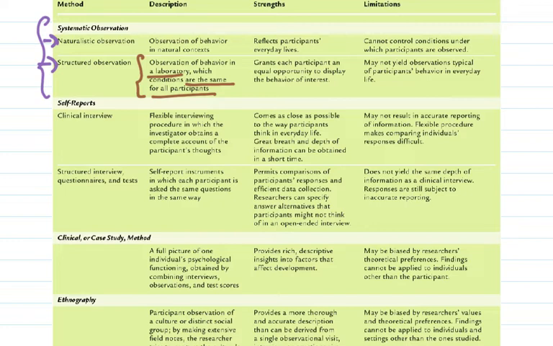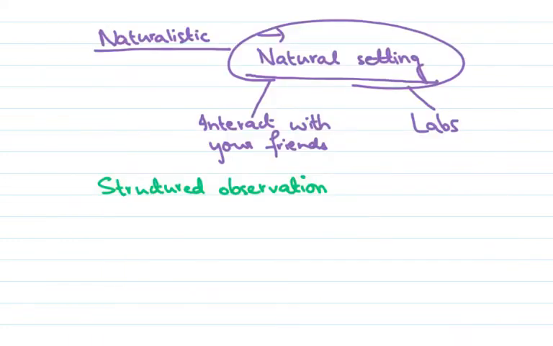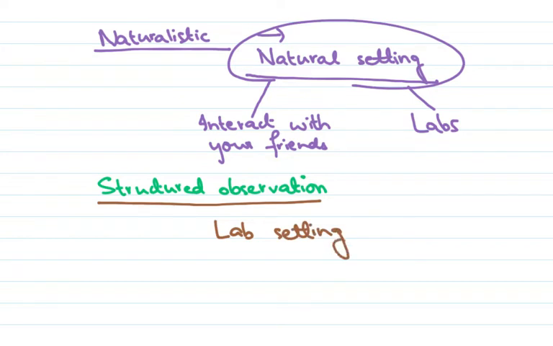For example, when we talk about attachment theory, when we do these experiments with children and their mothers, we are observing them in a lab setting. We have created a situation in which we are observing them. So if, for example, I set up a particular learning situation in a class, and I do it to study how well you're able to learn or how you react, and there's an observer observing your behavior, that would be more of a structured observation, right?